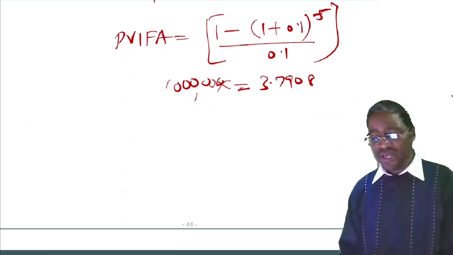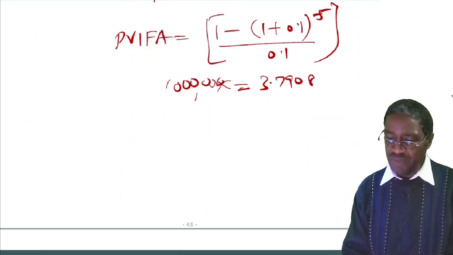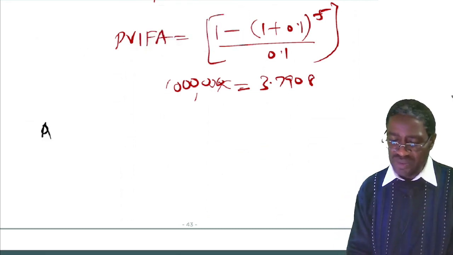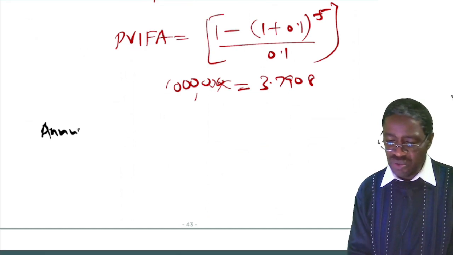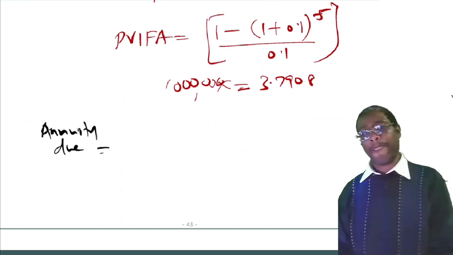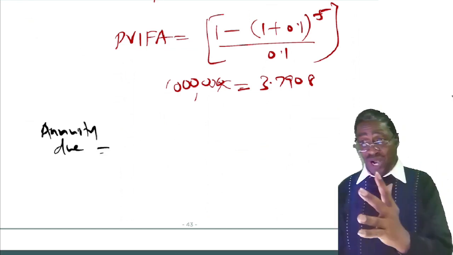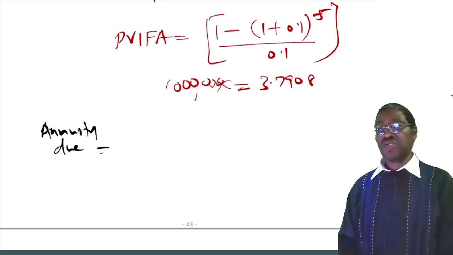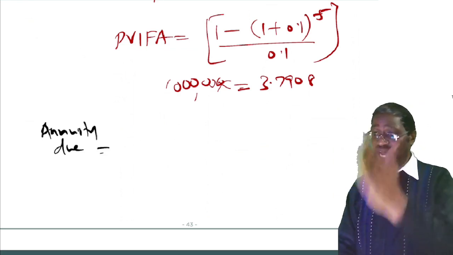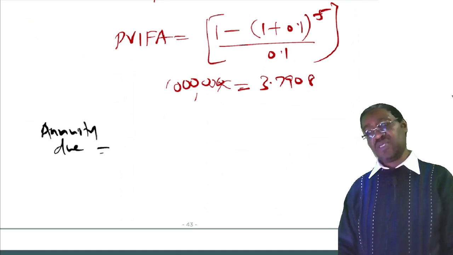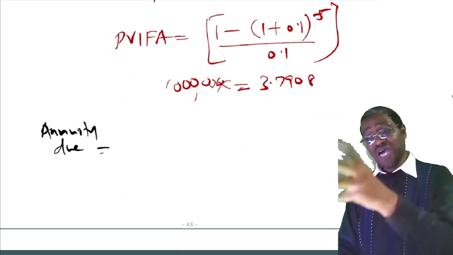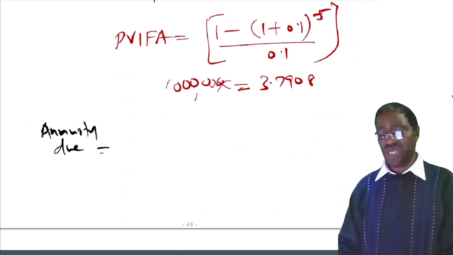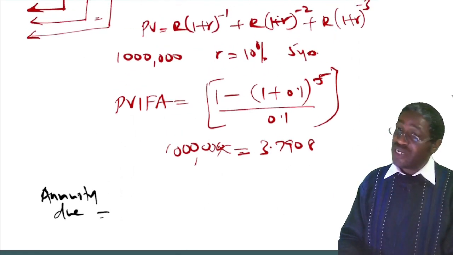Are you there? Now we want to get the formula for annuity due. For annuity due, you are investing or receiving at the beginning. Whatever the case, you are receiving your 1 million at the beginning of every year. So the formula will remain the same.